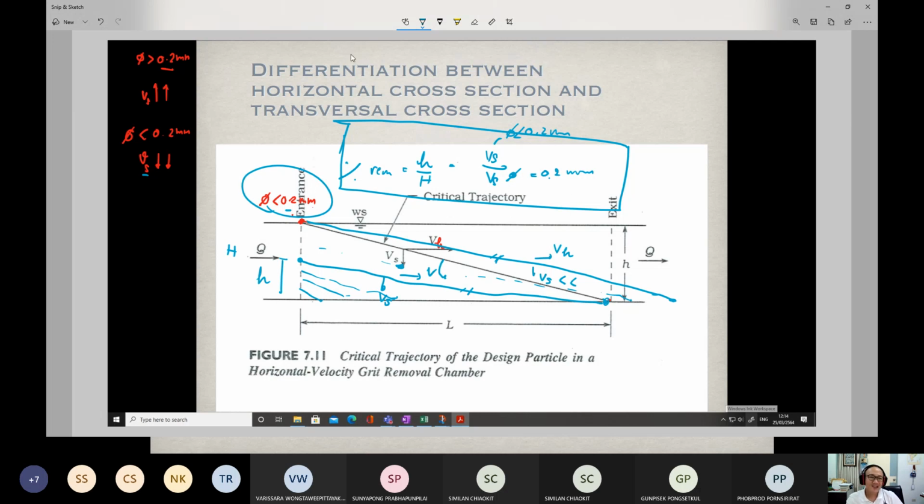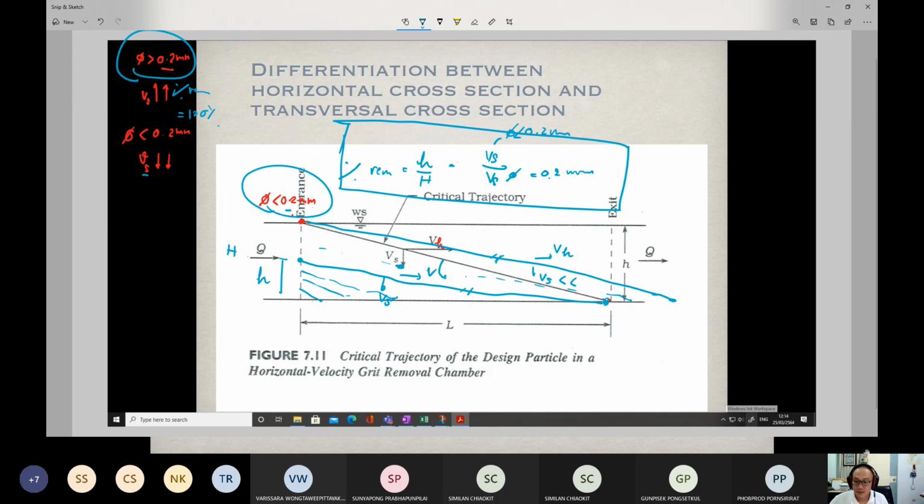But if I'm asking about the particles with the size larger than 0.2 millimeters, what will be the percentage of removal? The percentage of removal will always be 100% because the size is larger than we designed. Okay, so this is the idea about the grid chamber.